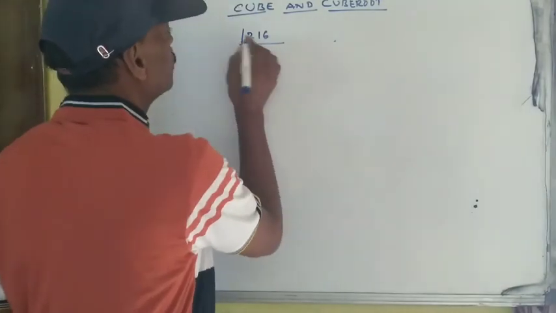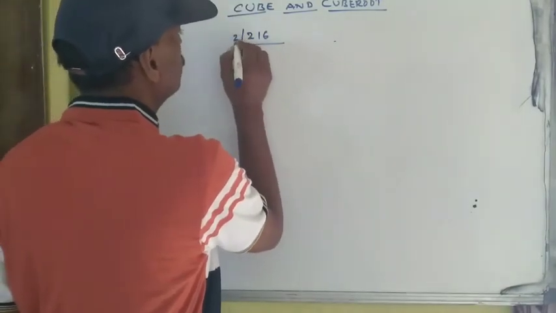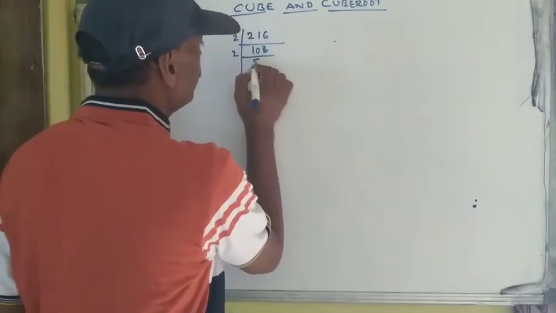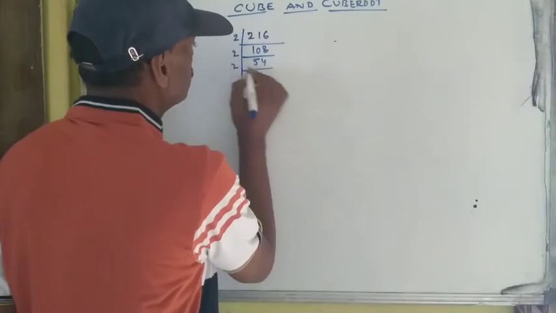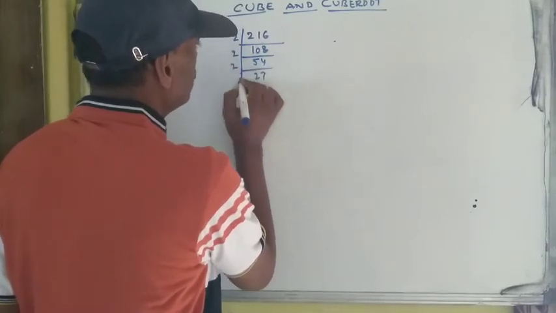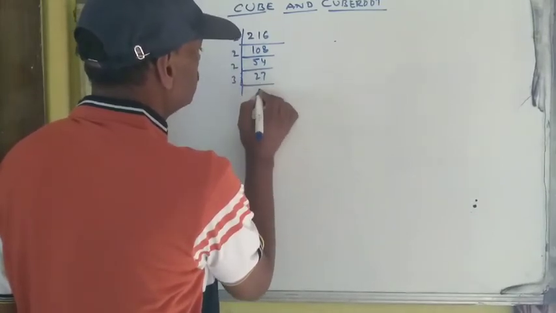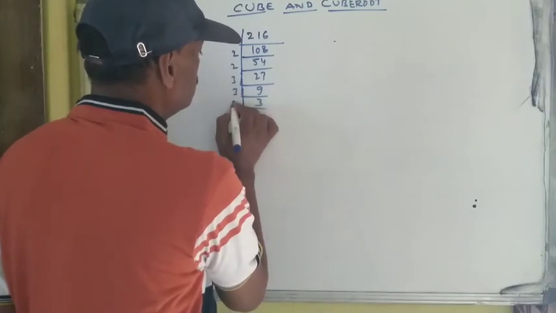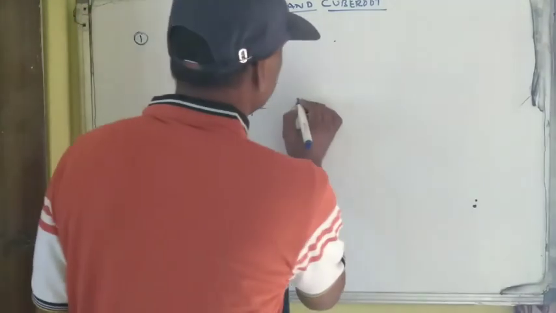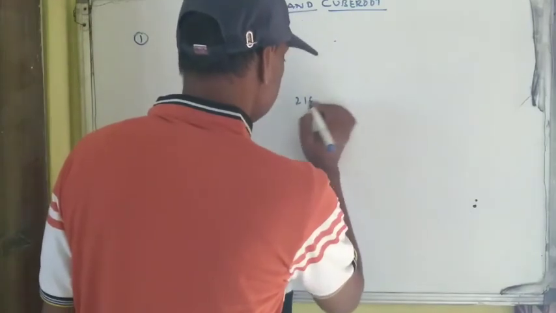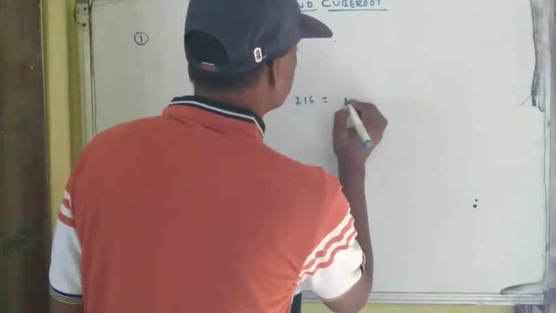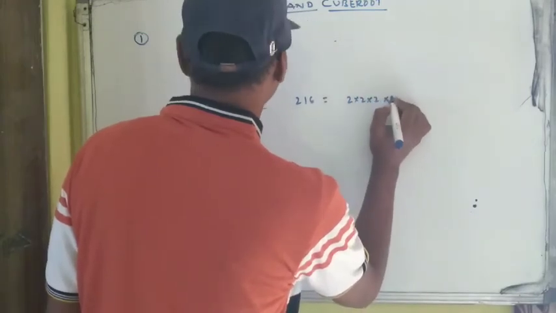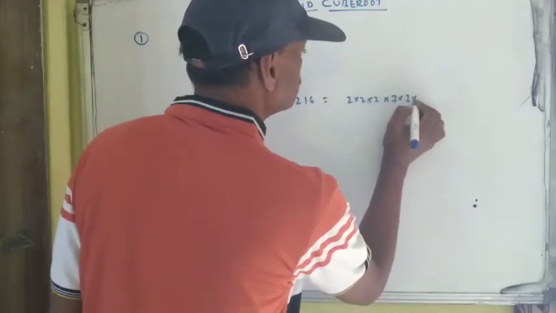The factors of 216: just divide by 2, 108, again by 2, 54, then 2, 27, by 3, 9, 3, 3. So here you see the factors of 216 are 3 times 2 and 3 times 3.